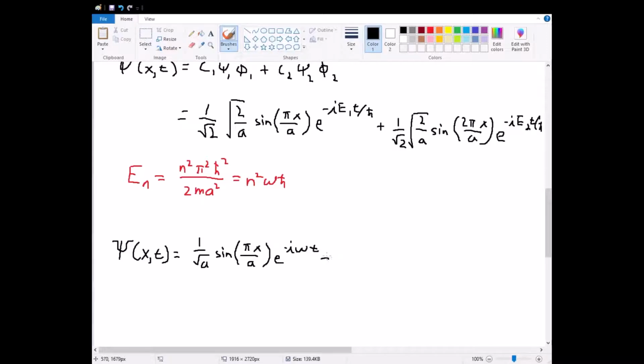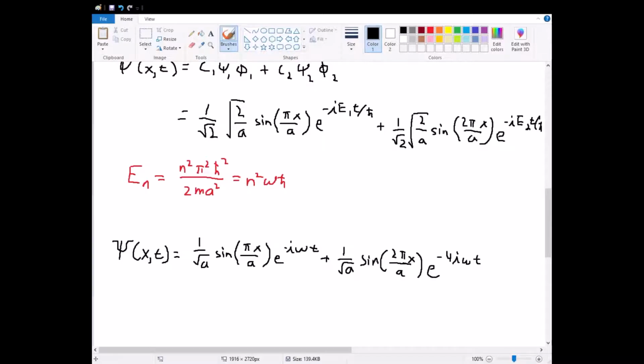Then we're going to add this with, once again, 1 over square root of a, because the square root of 2 cancels on the top and the bottom. Same thing, sine of 2 pi x over a, my apologies. And then e to the power of negative, and here we have E2, so this is going to be 4 now, so negative 4i omega t. And this is our fully simplified solution.